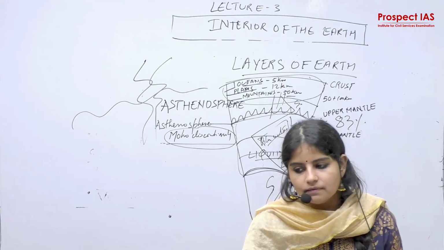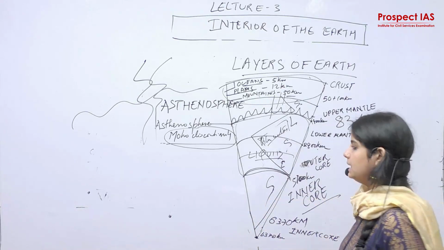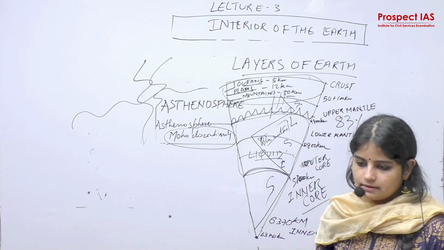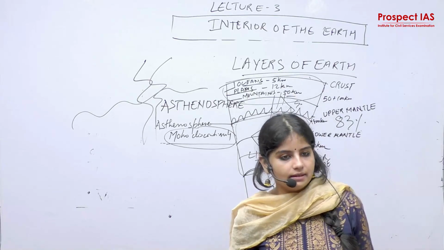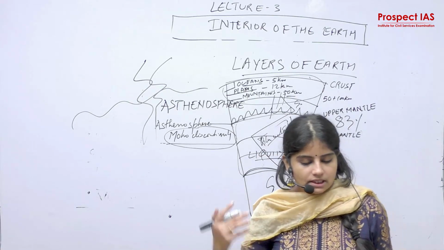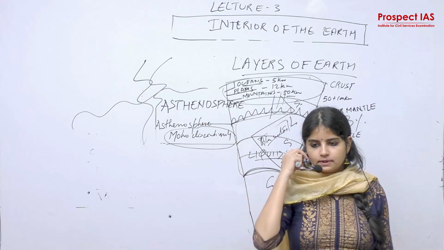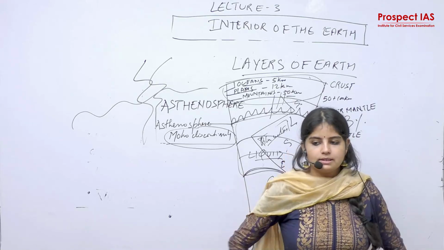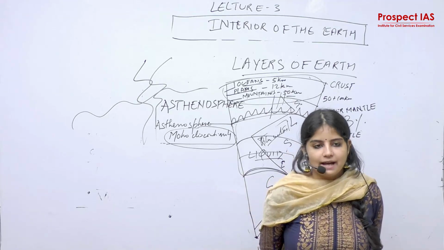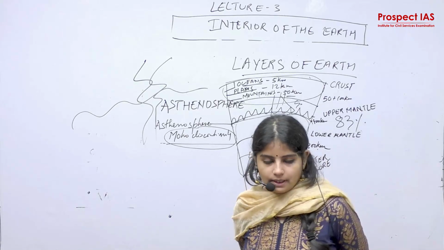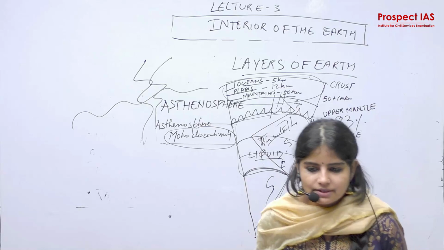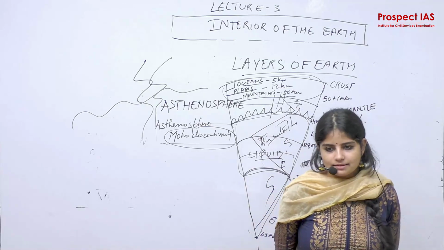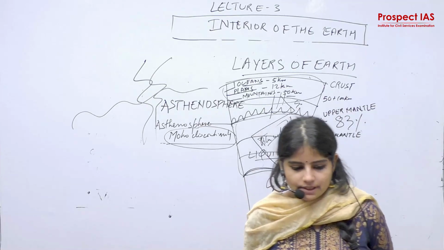It consists of nickel and ferrous, nickel and iron. So these were the three layers of your Earth's interior. Okay. There is one more question you can write here, a practice question, as I will be taking your class on Monday. Write one question.